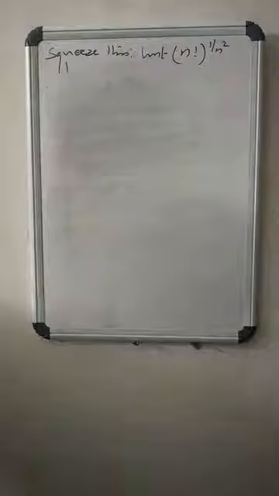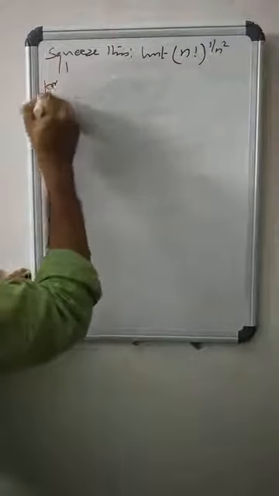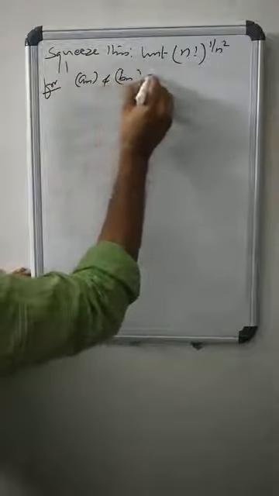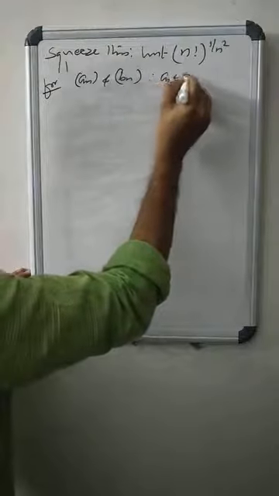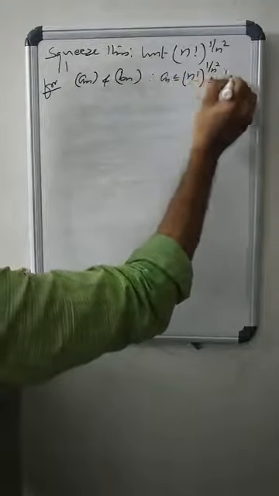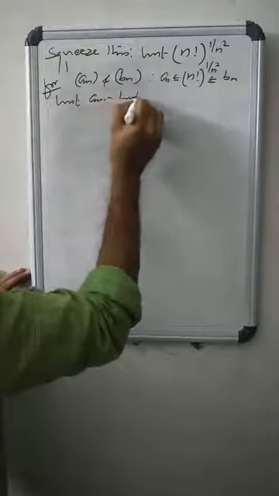How? Again, we can choose sequences an and bn such that an is less than or equal to (n factorial) power 1 by n square, which is less than or equal to bn, with limit an equals limit bn.